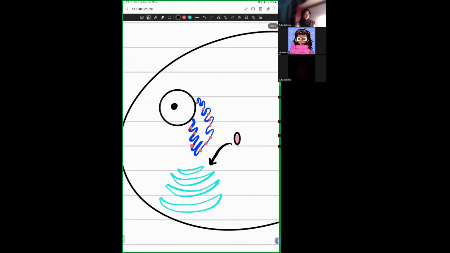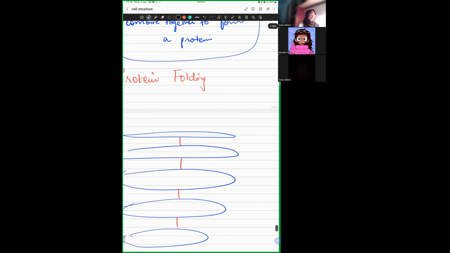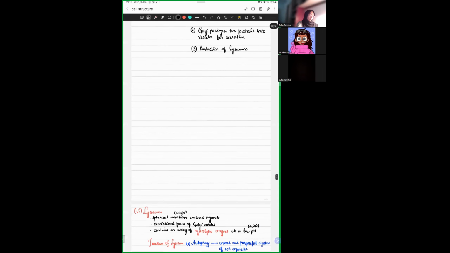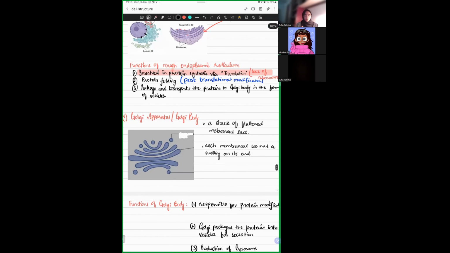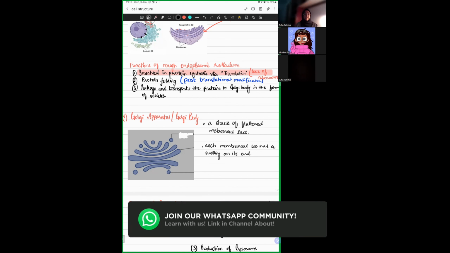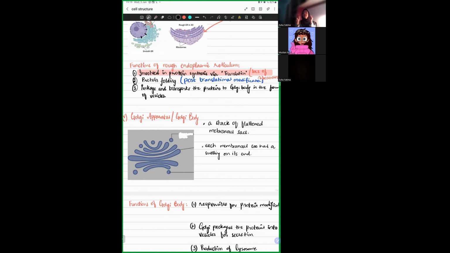Okay, perfect. Now, let's understand what is the role of a Golgi body. Let's first understand the structure of a Golgi body. So Golgi body is a stack. Now what is a stack? When we were studying rough endoplasmic reticulum yesterday, we said that a rough endoplasmic reticulum is an interconnected system of flattened membranous stack.